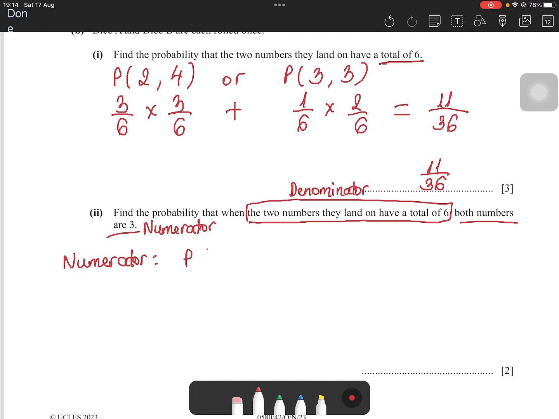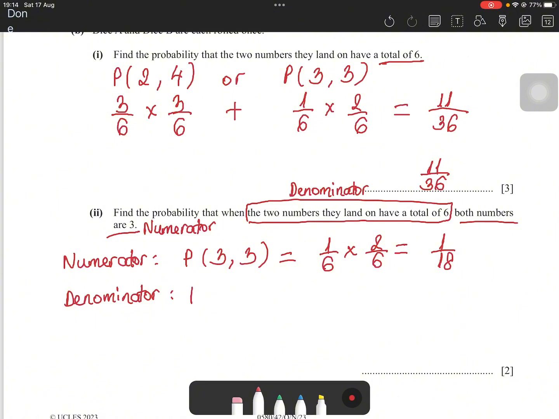Both numbers are 3, which means 3, 3. This one is 1 out of 6 multiplied by 2 out of 6. So this is 1 over 18. And for the denominator, the two numbers they land on have a total of 6. P of total of 6. We know the answer is 11 over 36 from the previous question.